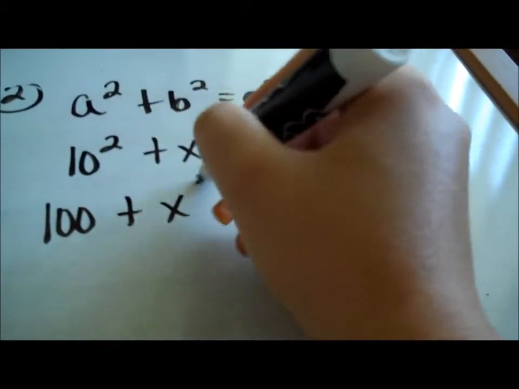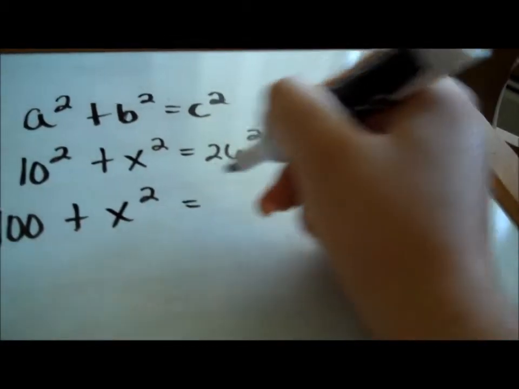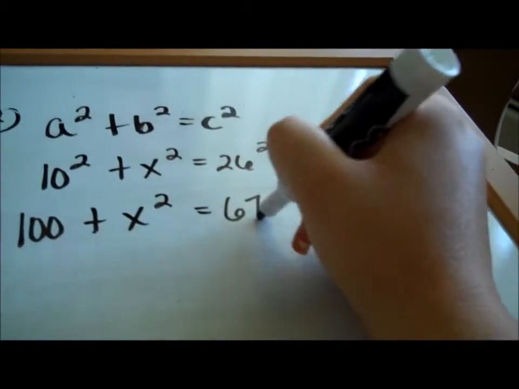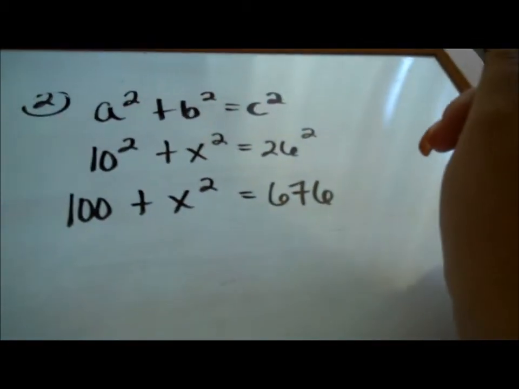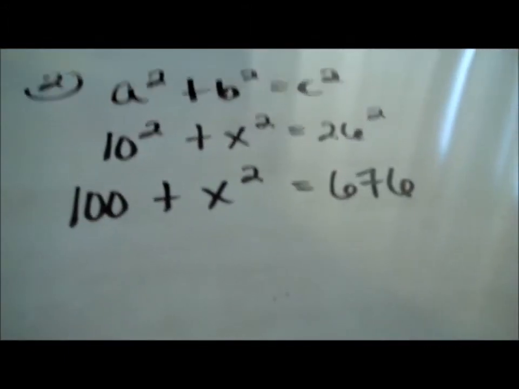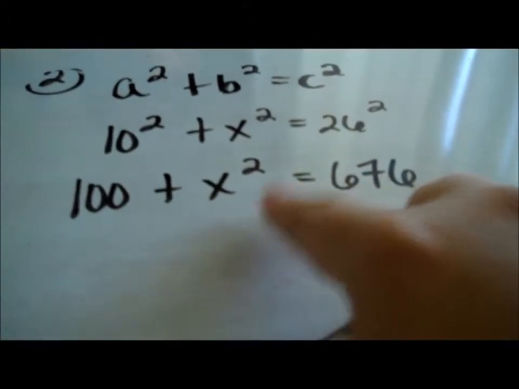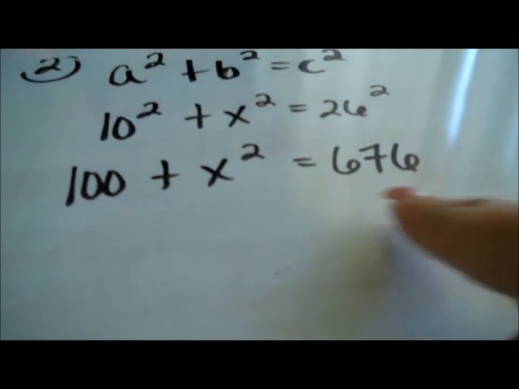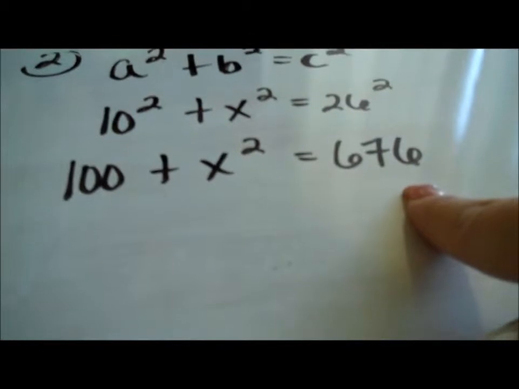10 squared is 100. x squared just stays x squared. 26 squared is 676. I know, big number. It's okay. This needs to be written in descending order, but we also need to bring this 676 over, because again we need one side to be 0 in order to solve for x.